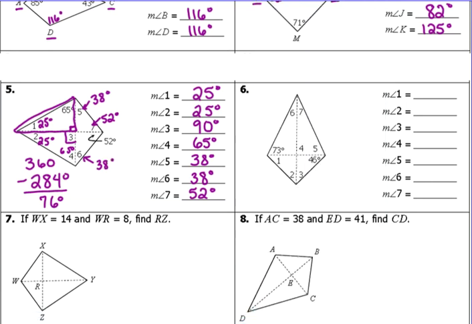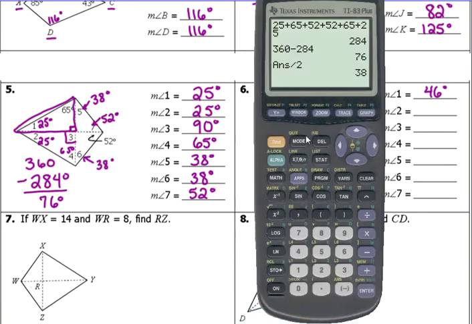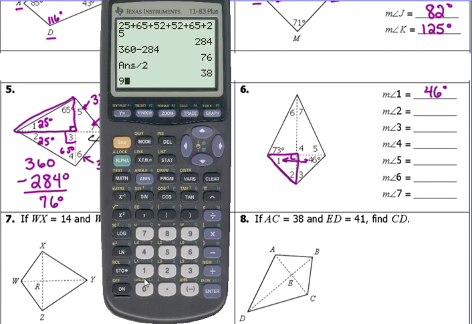Okay, number 6 is going to be very, very similar to that. The measure of angle 1 is the same as that 46 degrees. The measure of angle 2, well, we've got a right triangle right here. We've got a right angle and 46 degrees, so 90 plus 46 is 136.